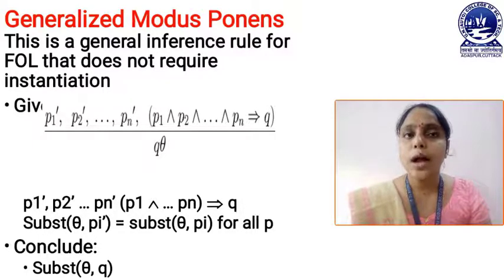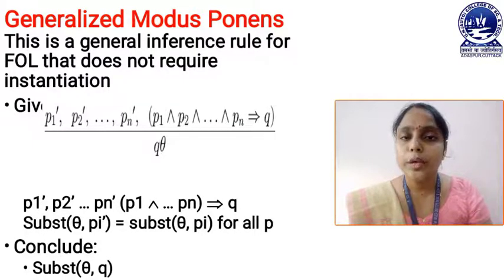Now look at the formula of modus ponens: P1', P2', up to Pn', comma, P1 and P2 and up to Pn implies Q. This means that if substitute theta of Pi' is equal to substitute theta of Pi, then from this we can conclude substitute theta of Q. This is the modus ponens rule.